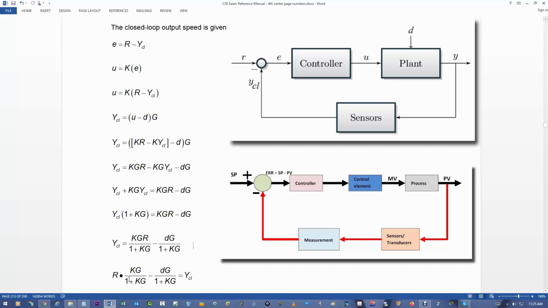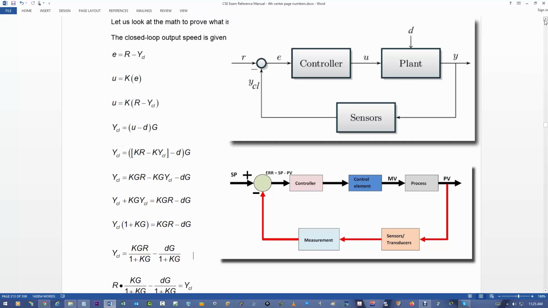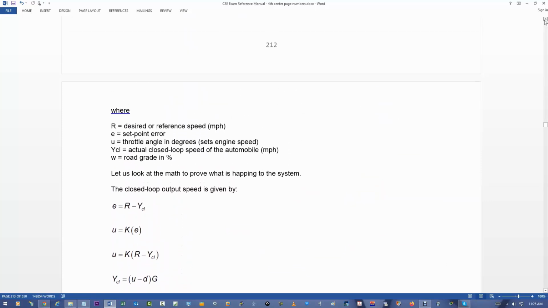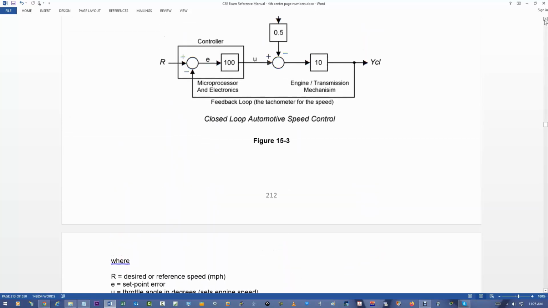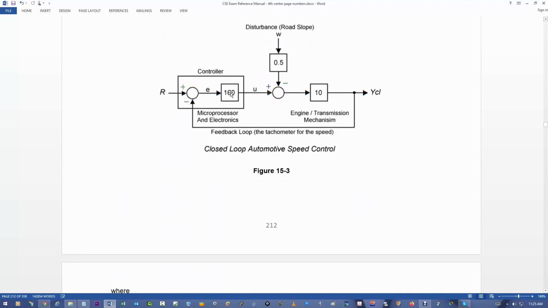What we're doing is getting down to our familiar transfer function of KG over 1 plus KG and showing how it's derived. After we do all this math, we never have to do it again. We just see the loop, and we say, when we see the loop up here, this is K, this is the disturbance, D, and this is G, the gain of the plant.